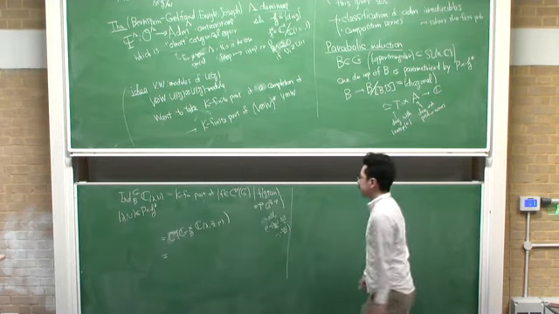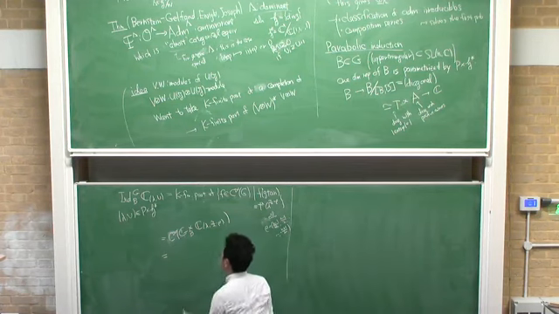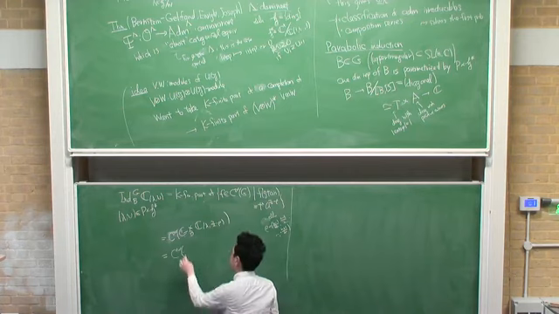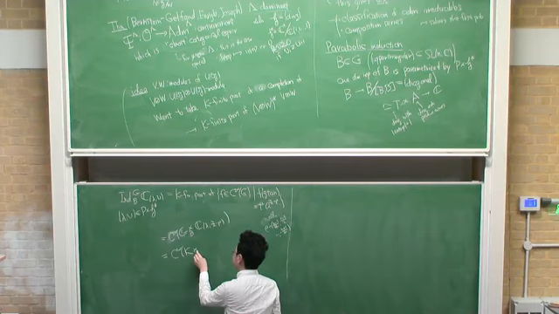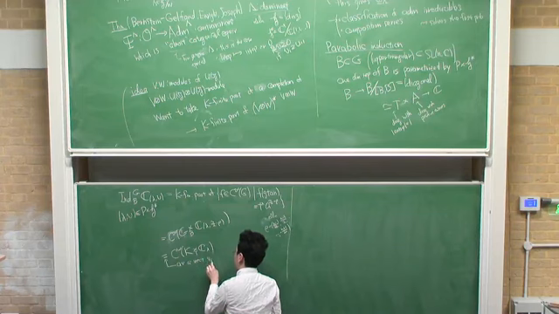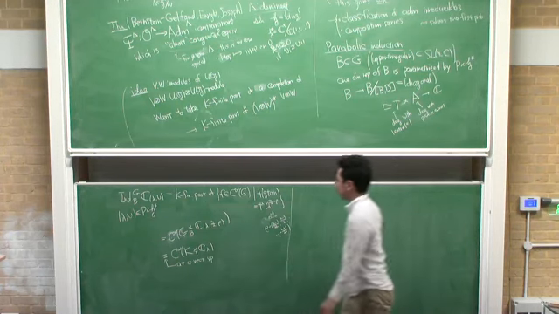And actually this is also the same as saying, due to the Iwasawa decomposition, we can reduce everything to the K part as a vector space. So this is as a vector space.